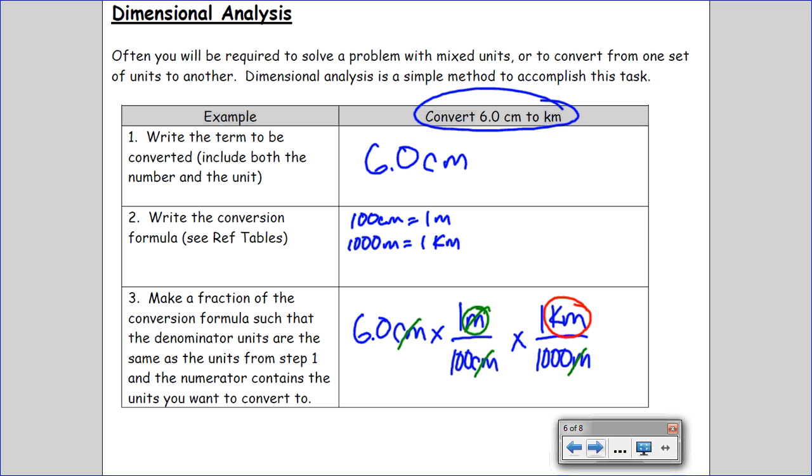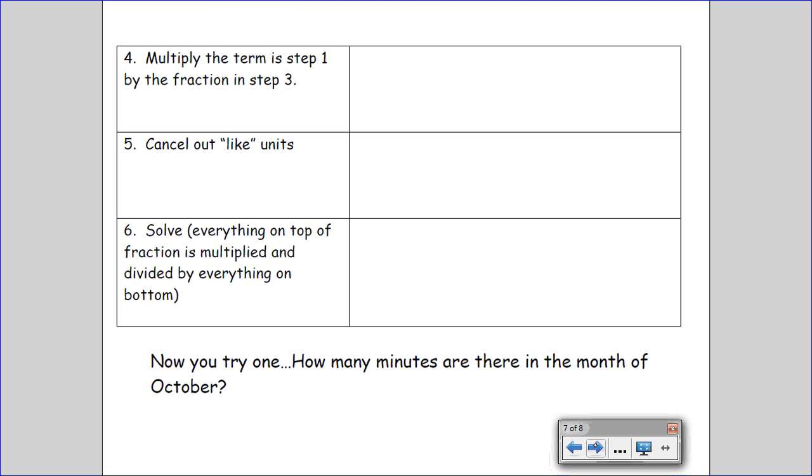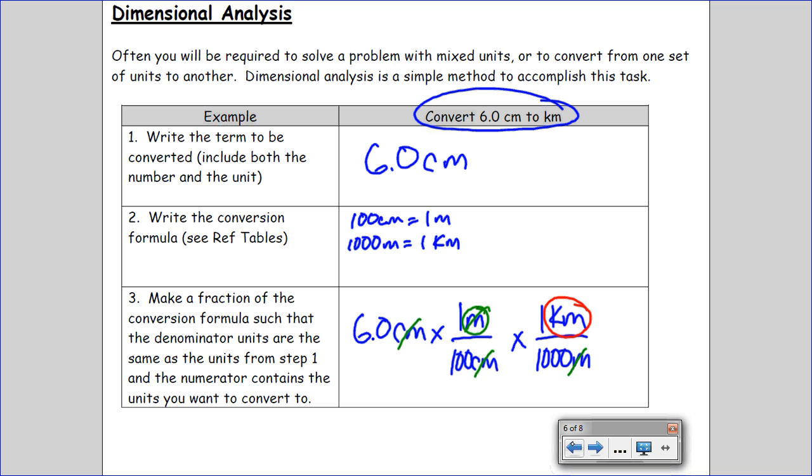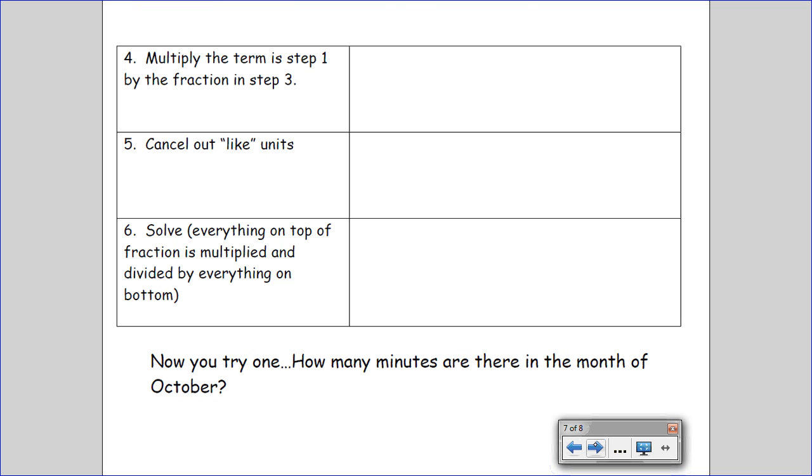And the math that you would do is you take 6 divided by 100 and divide that by 1,000. So checking out the last few steps here, it says multiply the term in step 1 by the fractions from step 3, which is actually what I did, so I'll rewrite those again here for you. 6.0 cm times 1 meter over 100 cm times 1 kilometer over 1,000 meters.